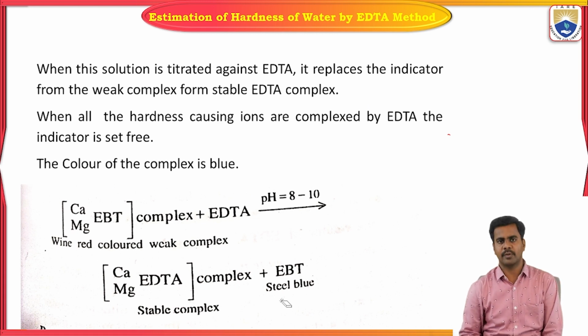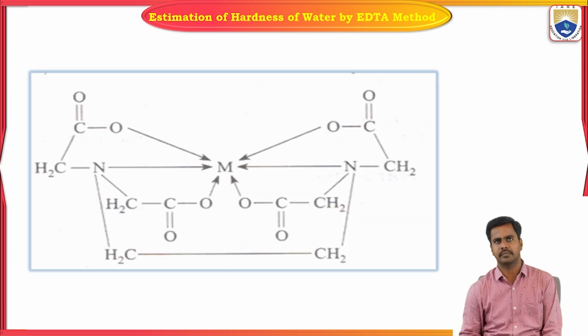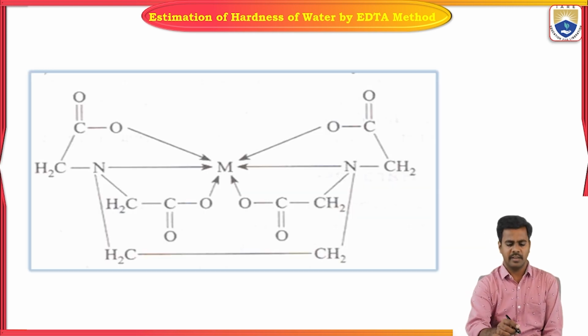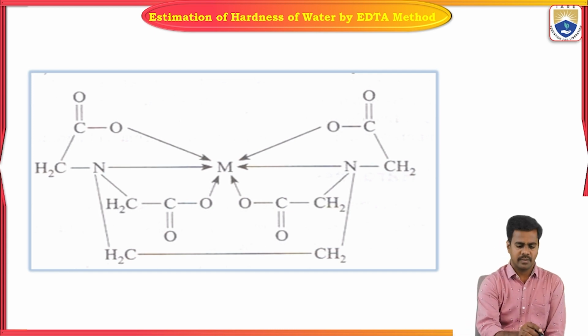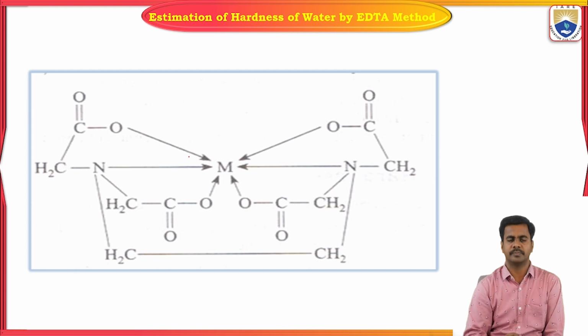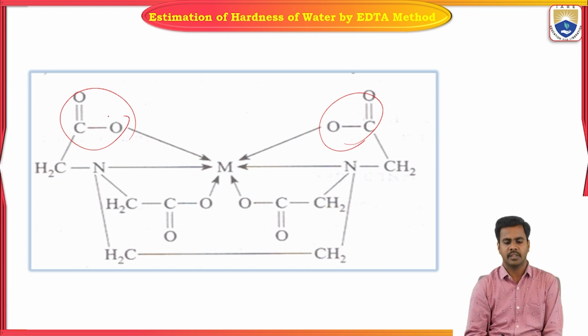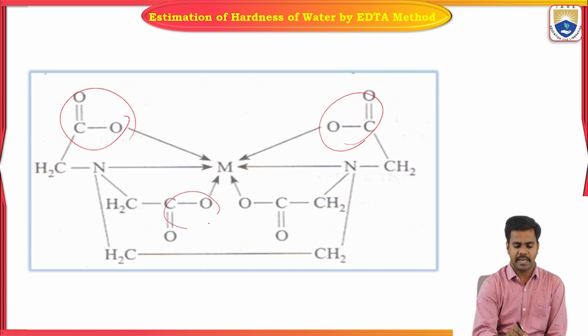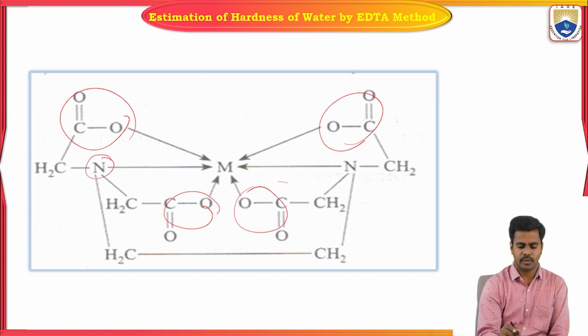Next, coming to the procedure. So it is a complexation between the metals present in the hard water and the EDTA. So EDTA can bind the metals in this way, by acetate functional groups CH3COO minus, CH3COO minus, CH3COO minus, and 4 acetates and 2 nitrogens.